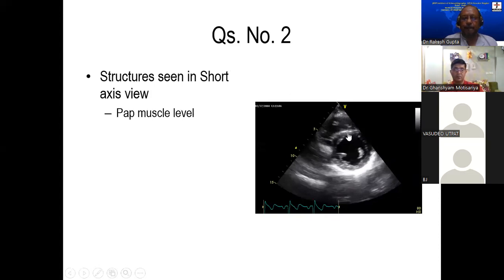This is interventricular septum at arrow. Anterior septum. This is anterior septum, this is interventricular septum. You got confused a little bit. Then this.